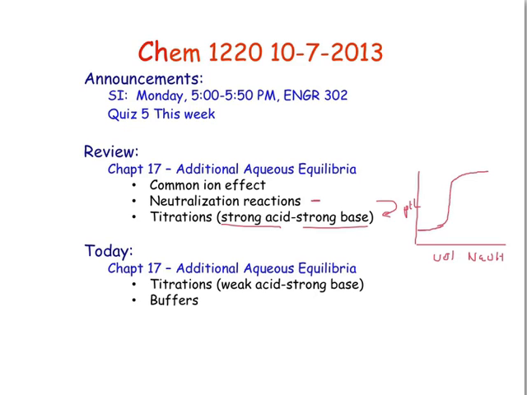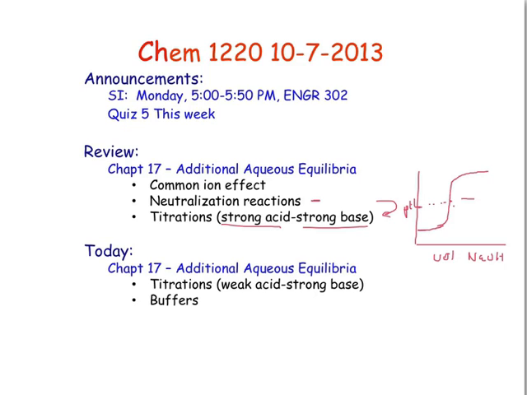There was a point in the middle, somewhere here in the middle, which should correspond to this. And what was this called? The equivalence point. This is where the number of moles of base added equals the number of moles of acid.